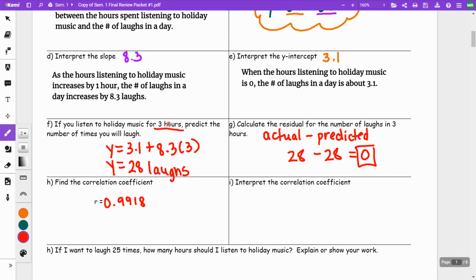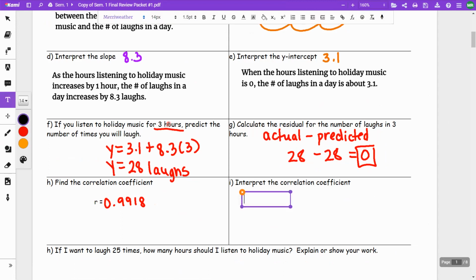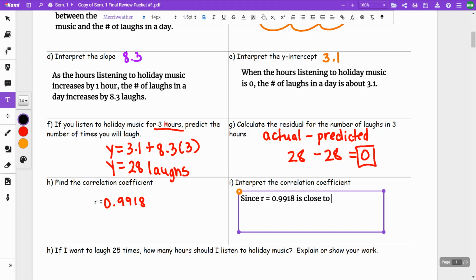Now we're going to interpret the correlation coefficient. So that correlation coefficient is at 0.9918. So since R equals 0.9918, we're going to say either close to or far from. So close to 1 or -1, in this case 1.